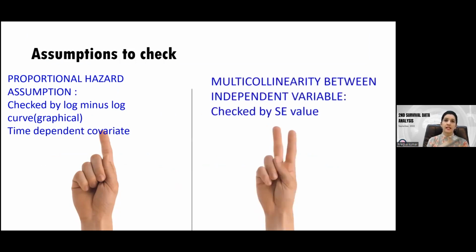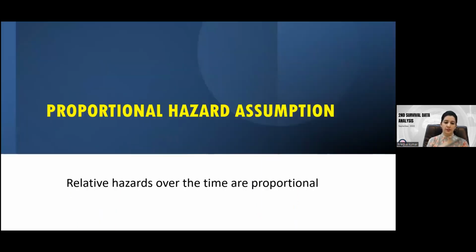And then the second is, like we have seen with the multicollinearity problem in linear regression and logistic regression also, if there is more than one independent variable which is a scale variable, then you need to check multicollinearity also, which can be checked by the value of standard error and also by the collinearity statistics, that is, the value of the correlation coefficient.